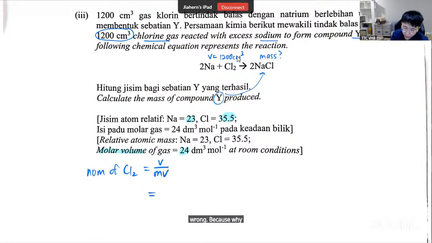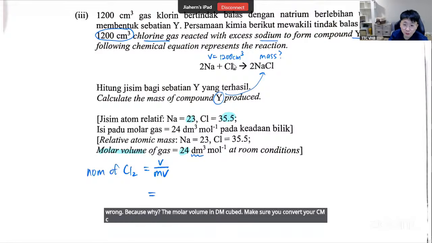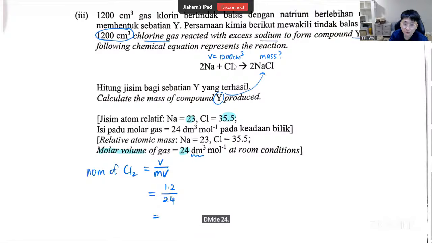Because why? The molar volume is in dm cube. Make sure you convert your cm cube to dm cube before you put in the formula. So we divide by 1000, we get 1.2 dm cube, divide by 24. So 12 divided by 24 is 0.5, so 1.2 you're supposed to get 0.05.